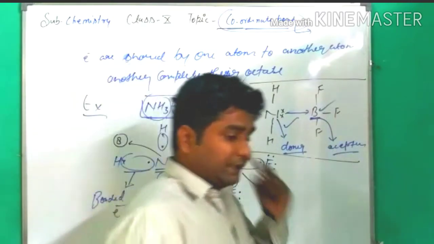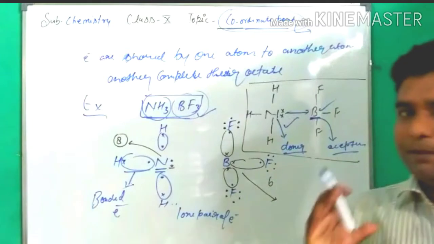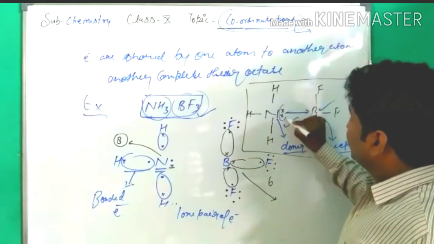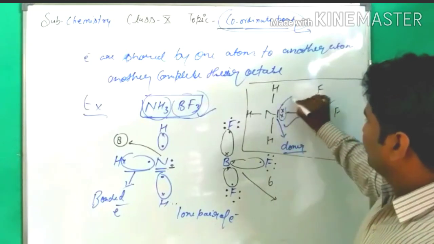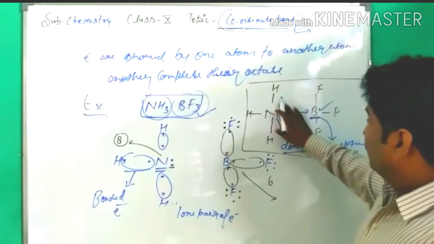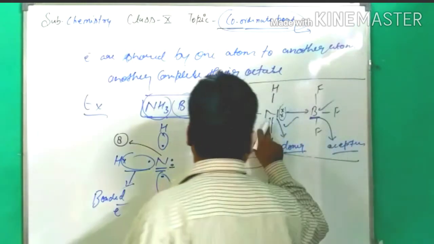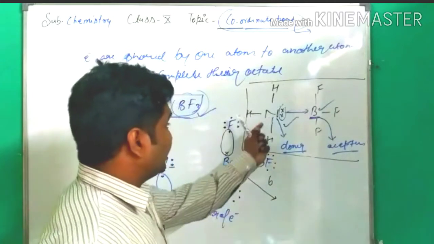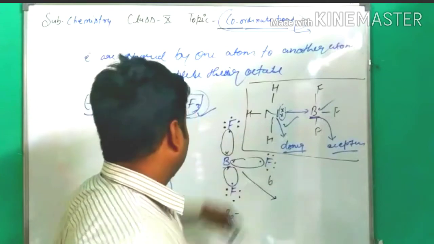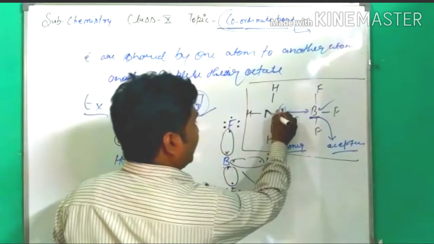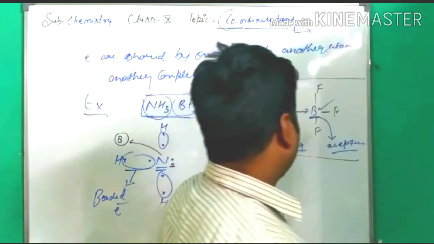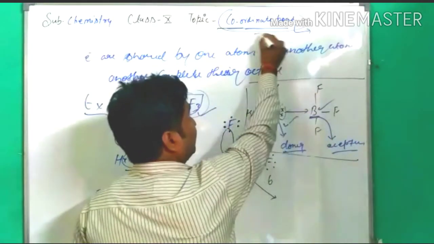So here a coordination will be generated between the nitrogen and boron, because if 2 electrons are not donated by the nitrogen to the boron, the octet is not completed. That means here there are a total of 6 electrons, so it could not be stable. That is why nitrogen and boron form the coordinate bond.